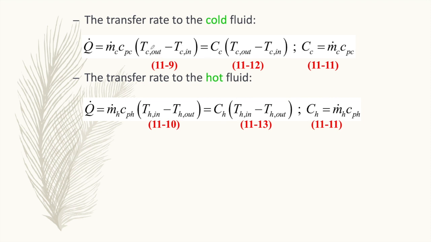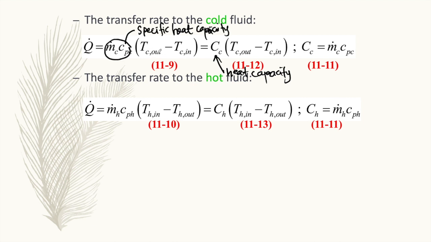This is equal to Cc. The capital letter C is for heat capacity, whereas the small c is specific heat capacity. So Cc, capital letter C, is equal to m dot c times c_pc.